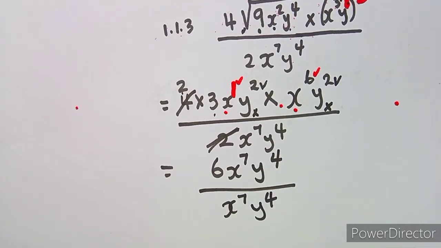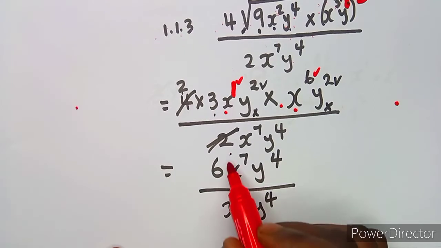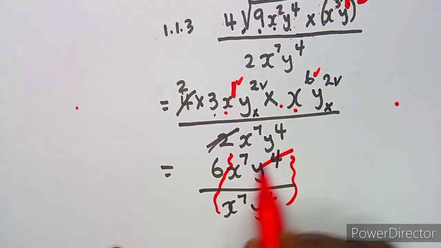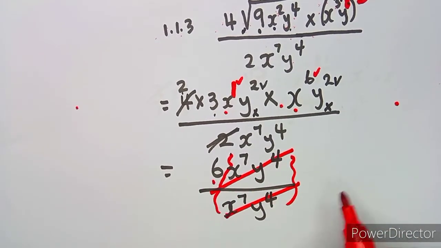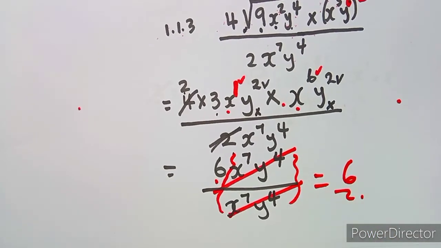At that stage, yes, we can apply the laws of exponents. But guys, as you can see, this is one and the same thing that we are given, so this can just cancel this, and you're remaining with a 6. Or you can subtract 7 minus 7, that's 0.